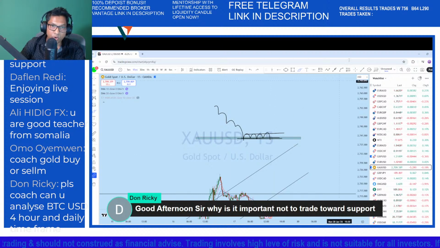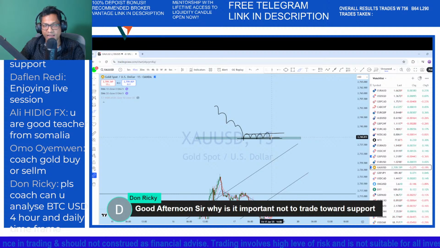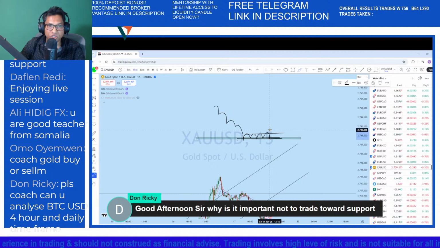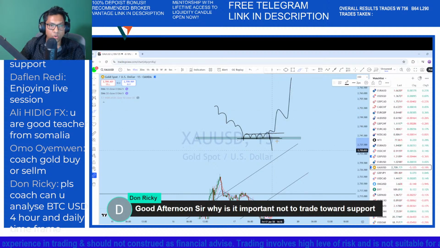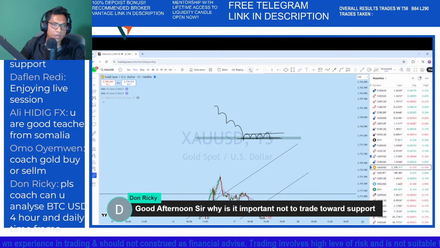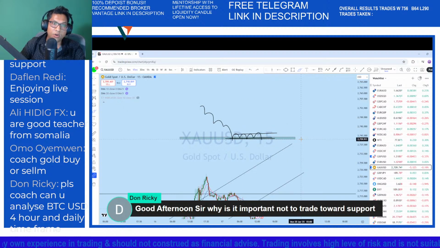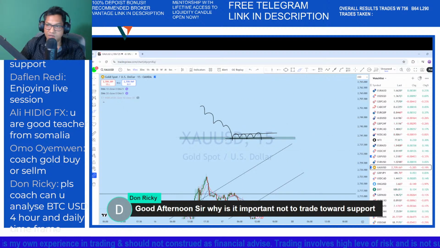But on a support, it may move sideways, and after moving sideways we could see a reversal or we could see the penetration. So that's why if you trade on the support, the directional bias could be very unpredictable.